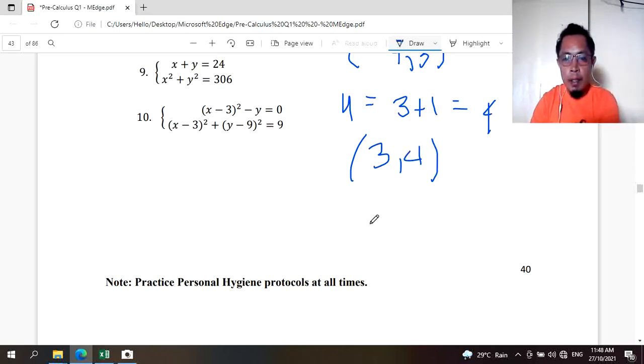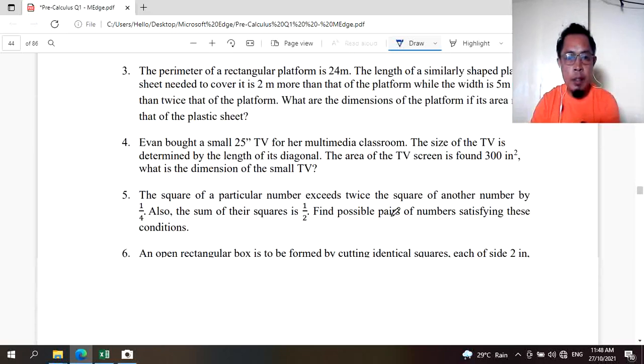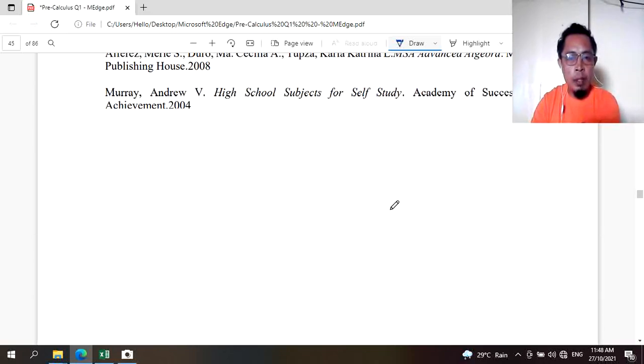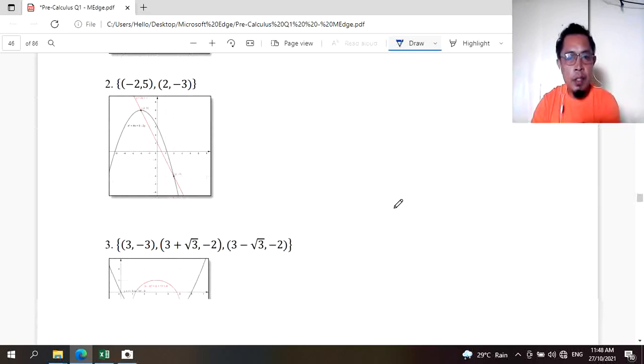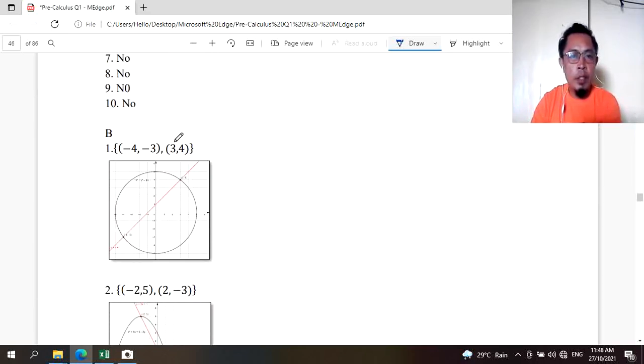Okay, let's check the answer here if we are correct. The answer is provided here. We have negative 4 and negative 3, then 3 and 4. So let's try to use the figure here. Let's zoom in on this part.